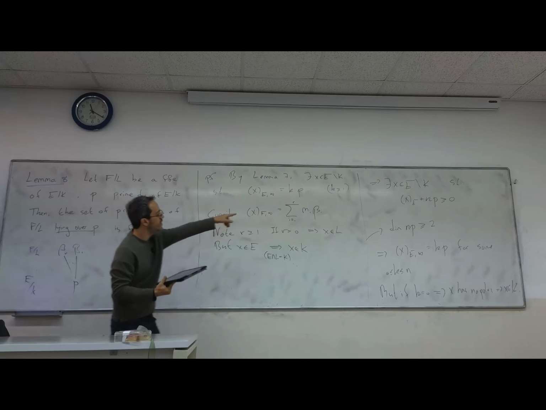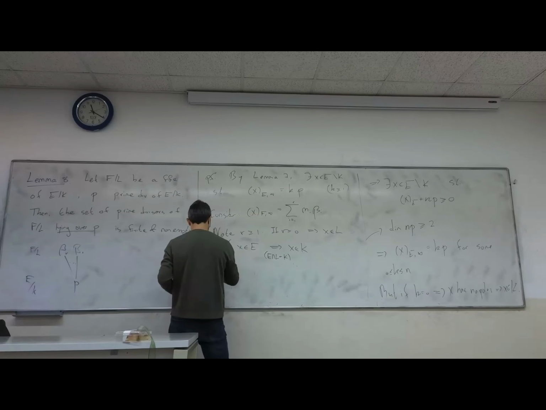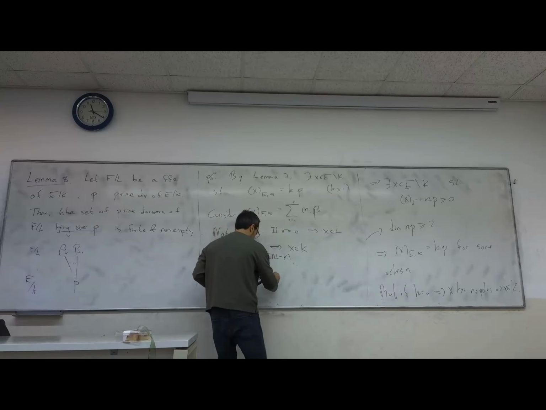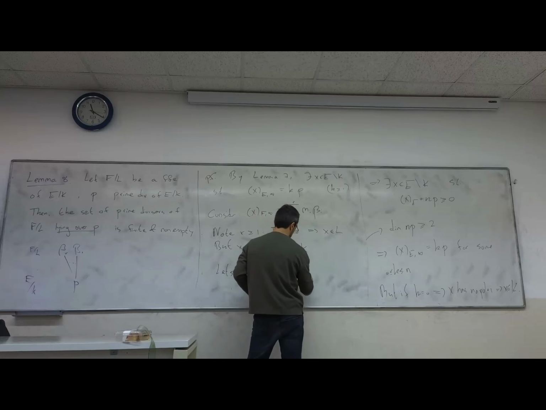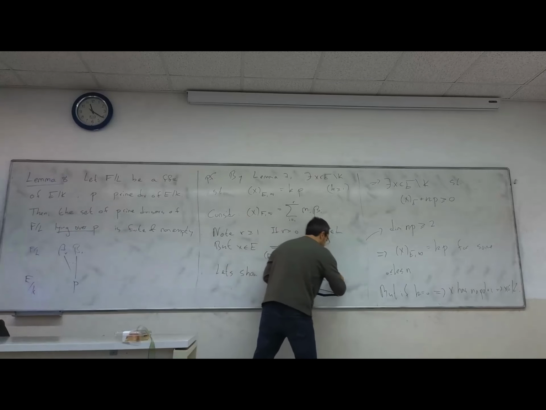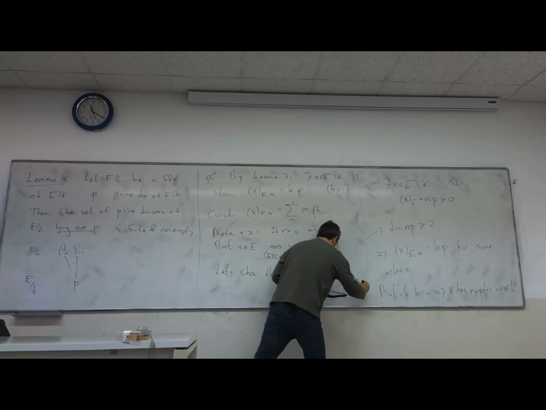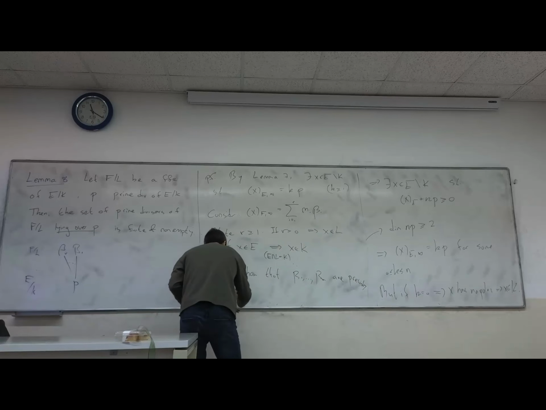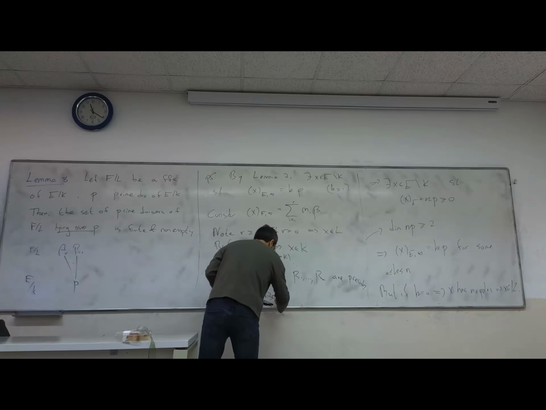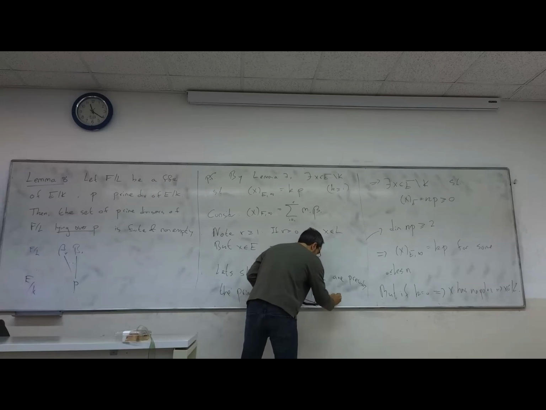So what I want to show, of course, is that those P_i are precisely the prime divisors above it. So let's show that P_1 up to P_r, now I know r is not empty, are all and no other, precisely the prime divisors of F lying over p.